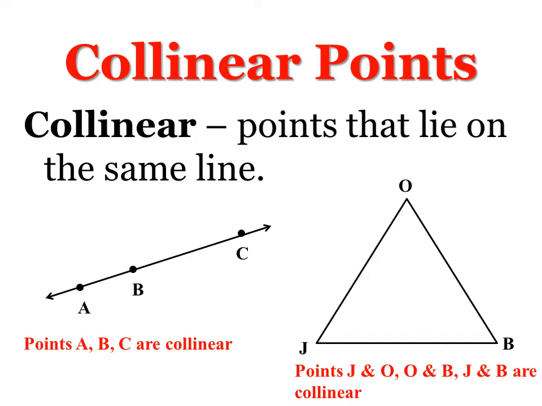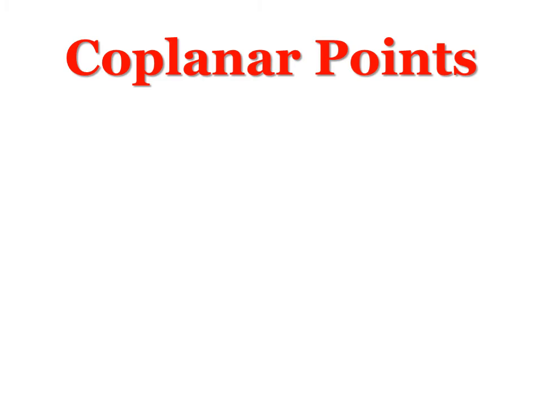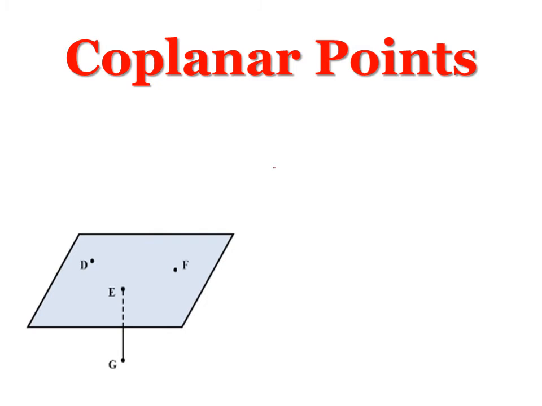Okay? Next, we have coplanar. What do you mean by coplanar points? Let's check the figure. So in the figure, you have points D, E, F, and G. Can you see the figure? Can you see the points? Now, what do you think are the coplanar points there?